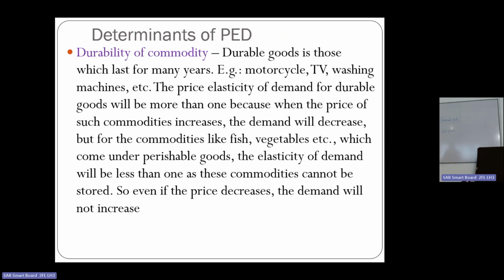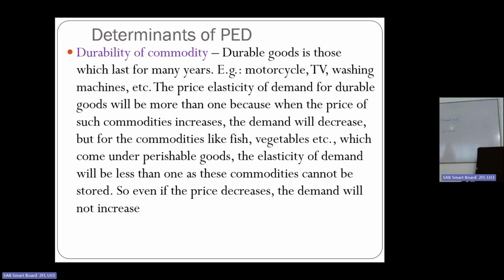But if the durability is not there, what happens? Some goods are perishable. For example, vegetables and fish. We cannot keep those for a long time, so such goods are subject to perishable life.